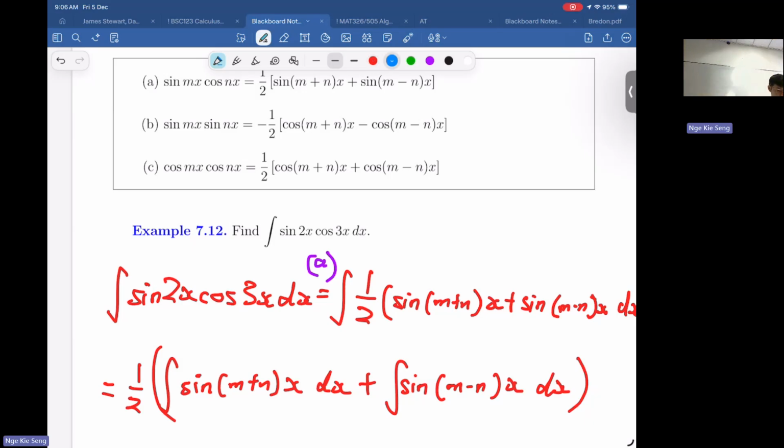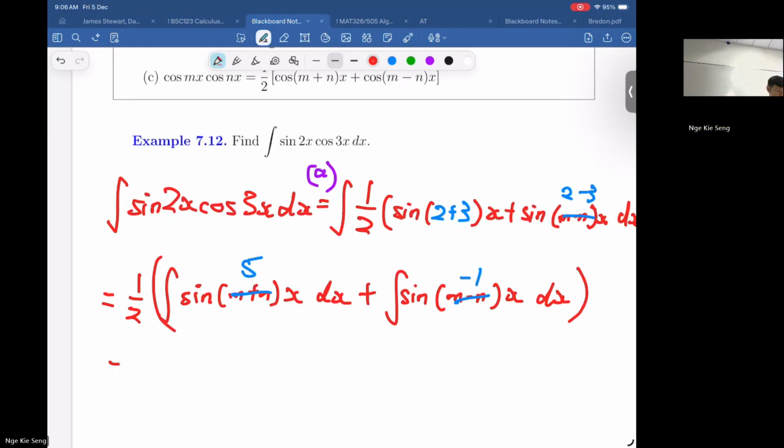So I need to transform it: 2 plus 3, and then here is 2 minus 3. So in this case, m plus n becomes 5, and m minus n is minus 2. Sine is an odd function, right? So sine of minus x becomes negative sine x, and so you can bring the minus sign out.